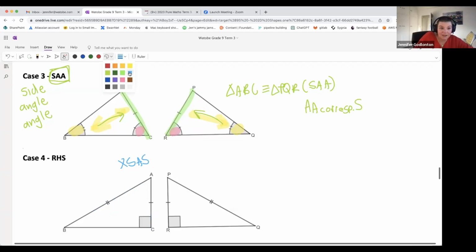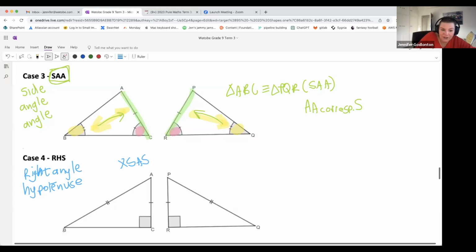So let's write out what this means. The R stands for right angle. The H stands for hypotenuse.